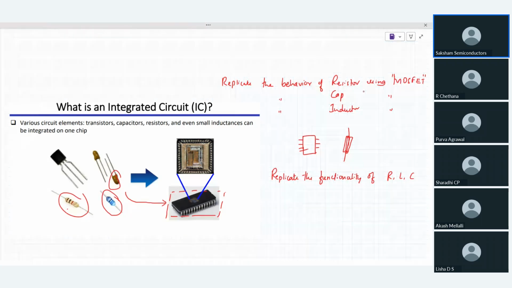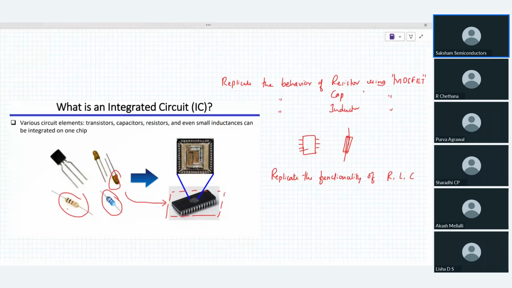And that's how you use all those components and plug them in together and come up with what is known as an integrated circuit. Now the question is how? How can I effectively replicate the behavior of R and C? We'll try to look into these things when we start our MOSFET understanding.